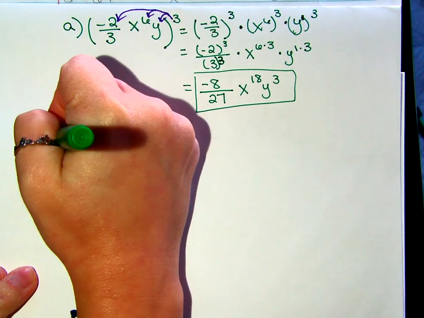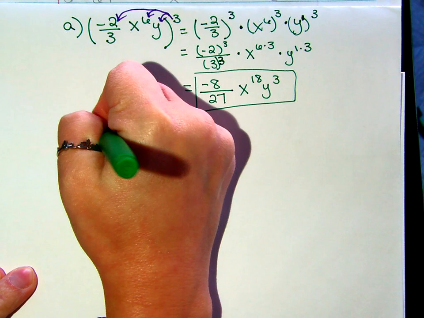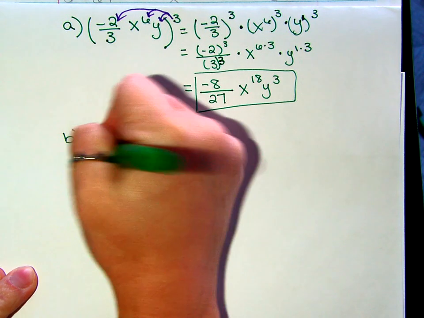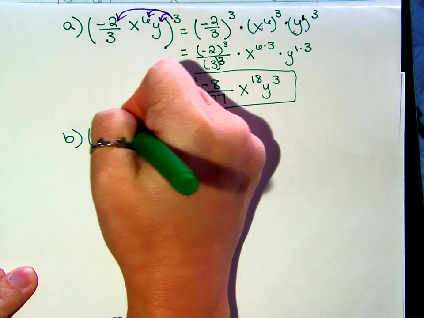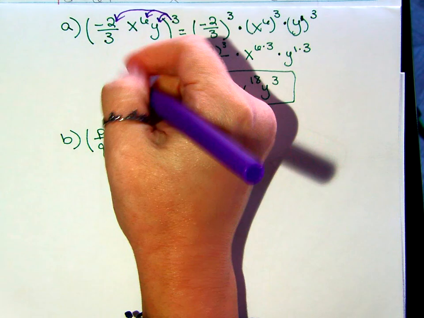All right. We have p to the second over q to the third, raised to the fourth. So again, the process that I'm going to use is I'm going to bring this power into every term that's inside.